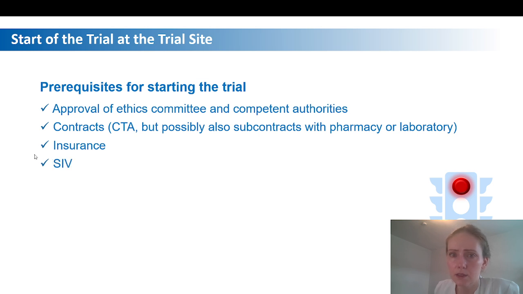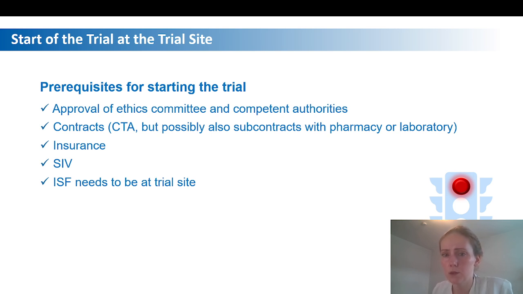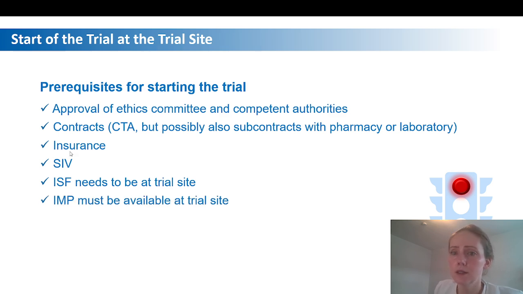The site initiation visit was successfully conducted, ensuring sufficient training of the staff on critical elements such as the CRF and unblinding procedures, if applicable. Another essential requirement is the presence of the ISF at the trial site, containing all essential and relevant trial-related documents. And equally vital is the readiness of the IMP at the trial site.